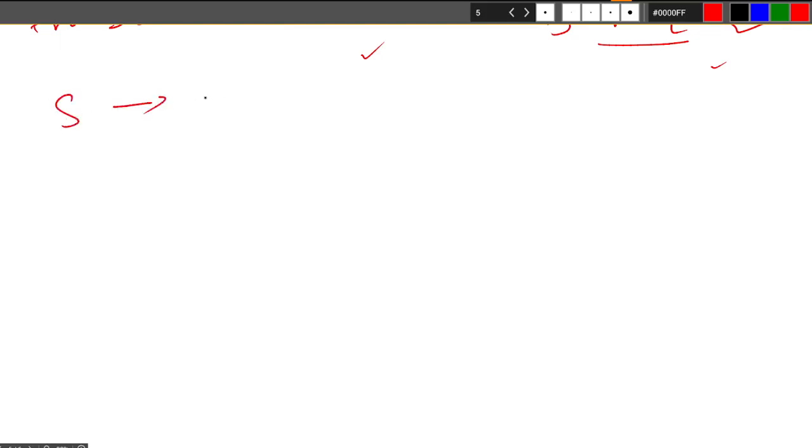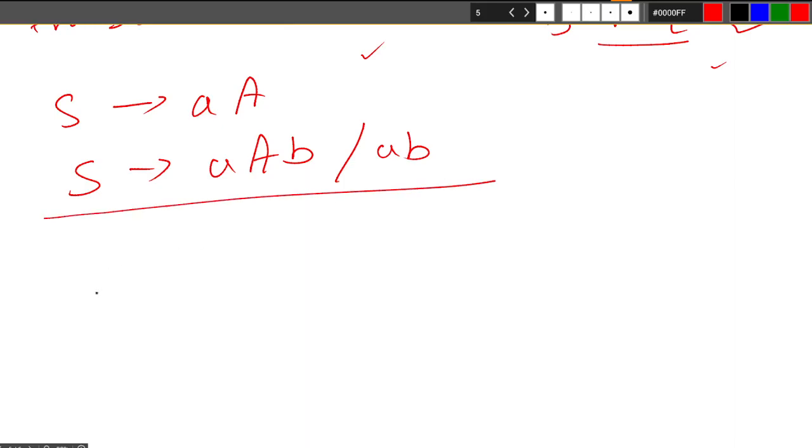Suppose S gives AA, and this A gives another A B, or it can give AB. So you have to tell me what will be the language.